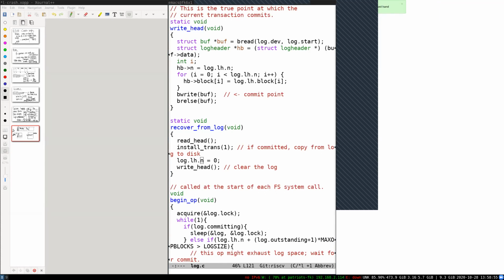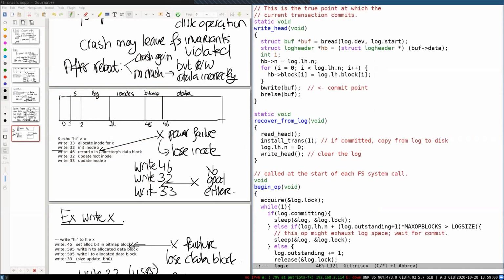The function you were in just before, the one that does the to-from copying, puts the log block that you're going to update into the buffer cache.